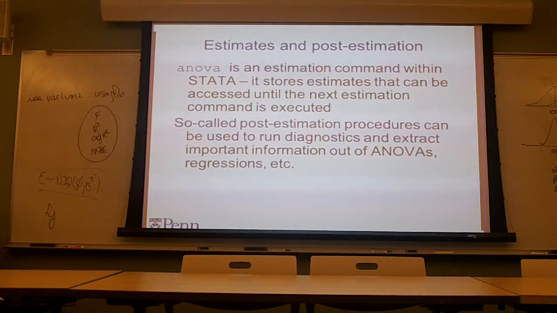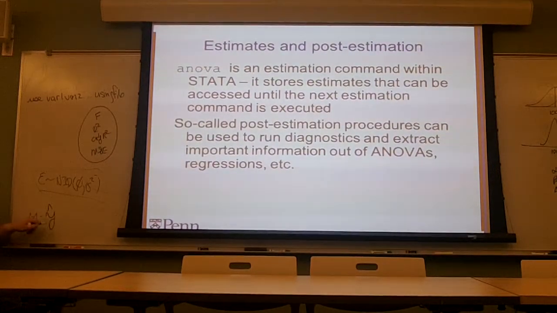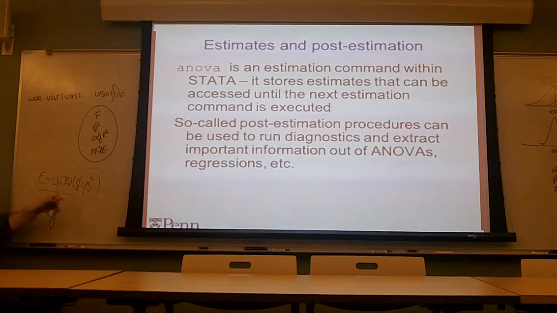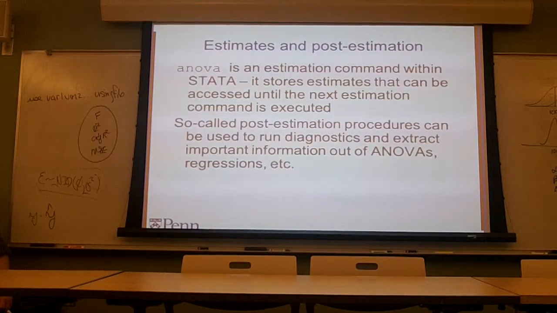By using these post-estimation commands, we can get at our y-hats, and then subtract our y-hats from our observed values to get our errors. There's also a post-estimation command to get the errors directly, so you don't have to do y minus this. It'll do it for you directly, and then we can begin to graph the distribution of our errors to see if they're normally distributed, to see if there's constant variance, or do we have heteroscedasticity, and so on and so forth.